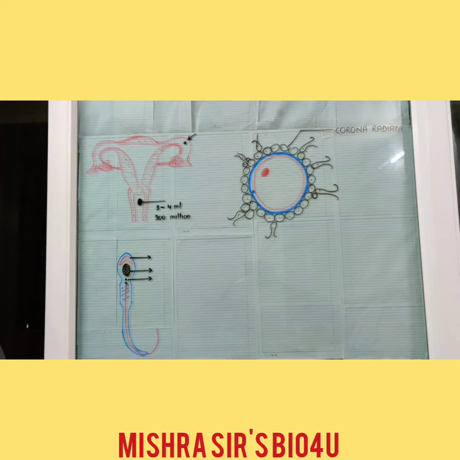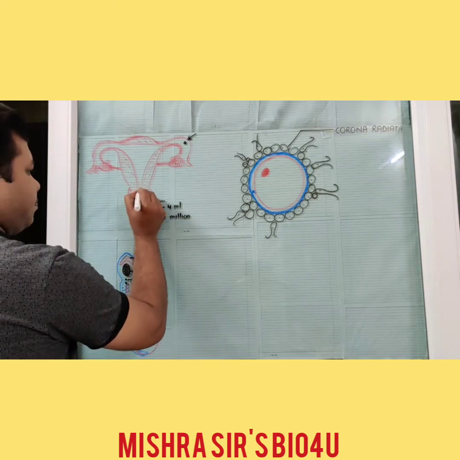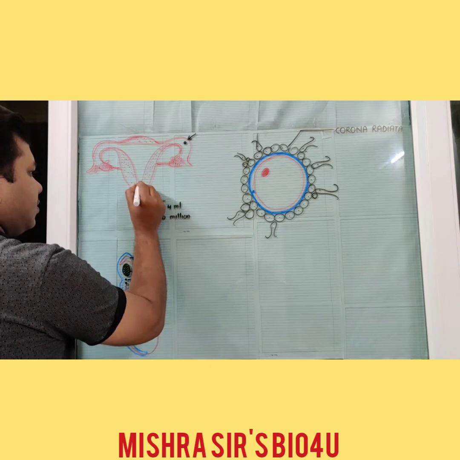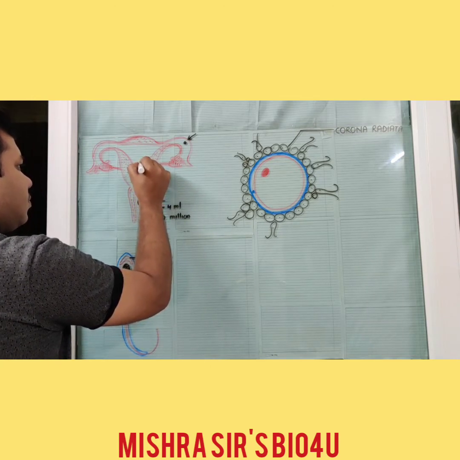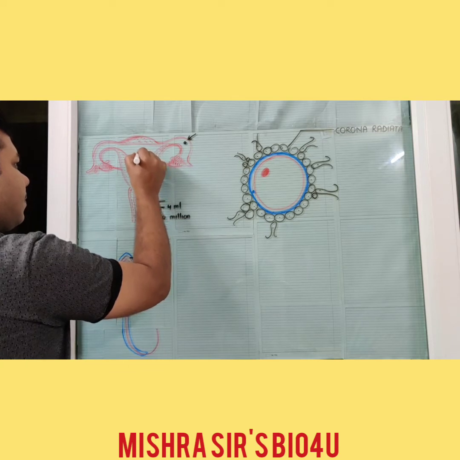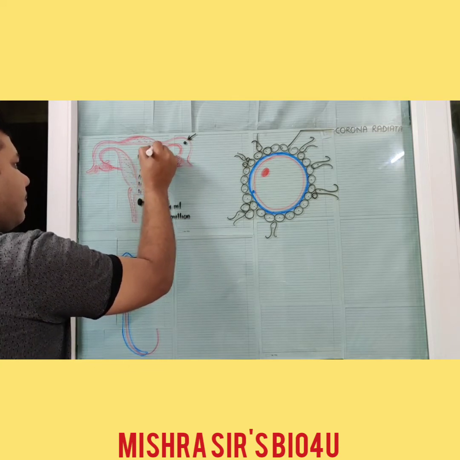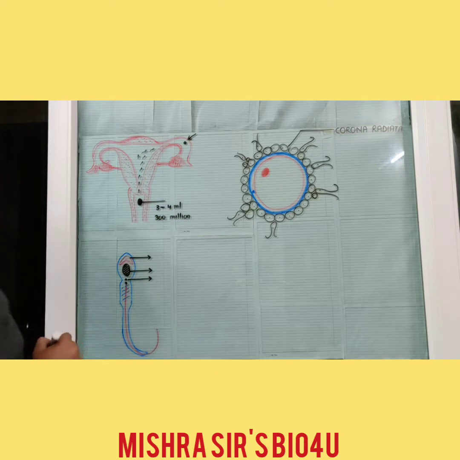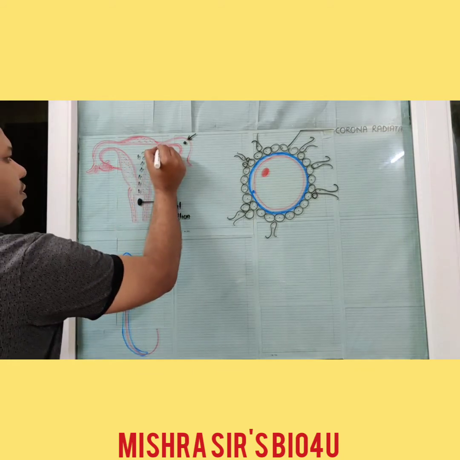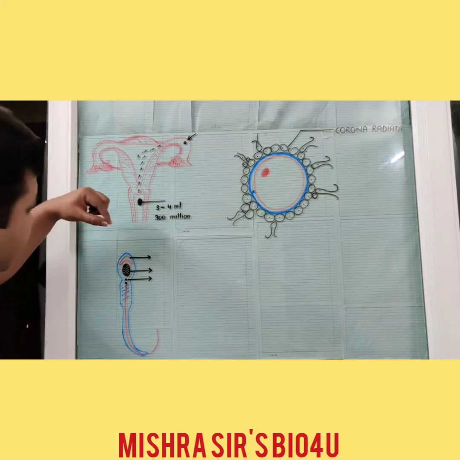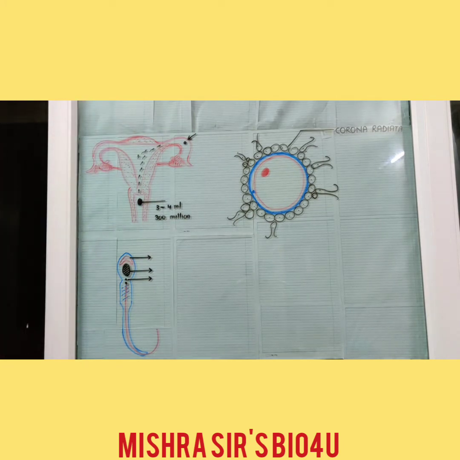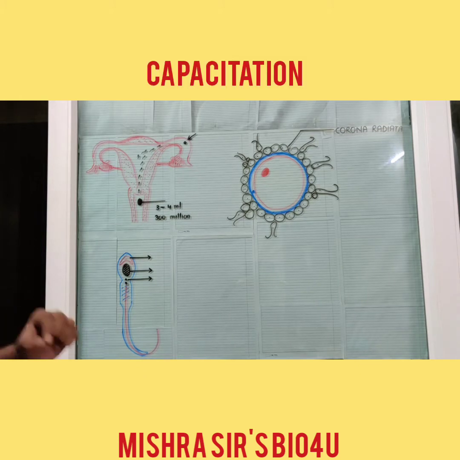Now, once the semen is released, sperm start migrating. When sperm are moving, they undergo a process called capacitation.